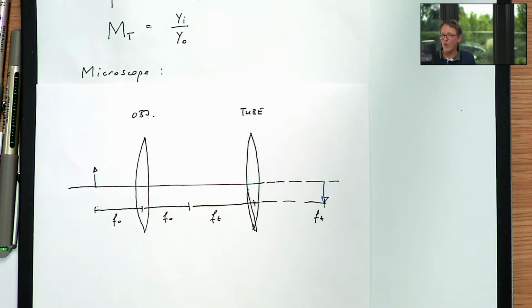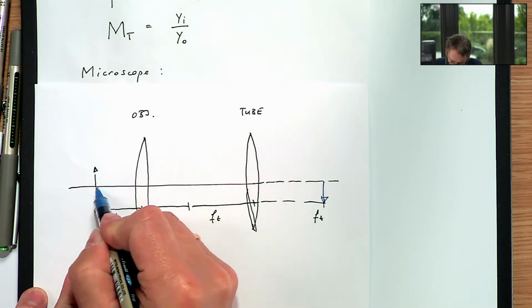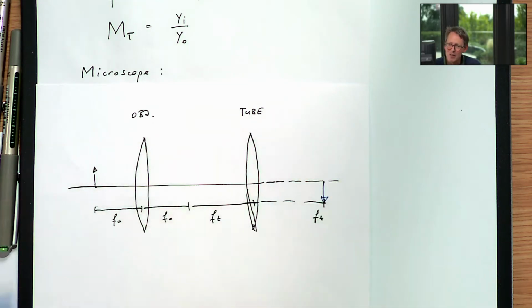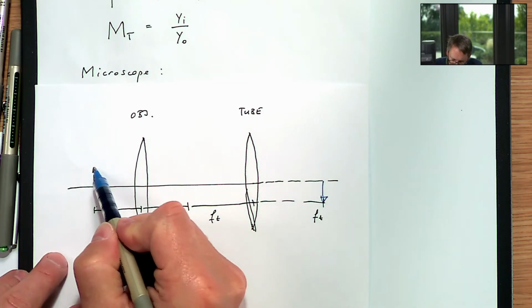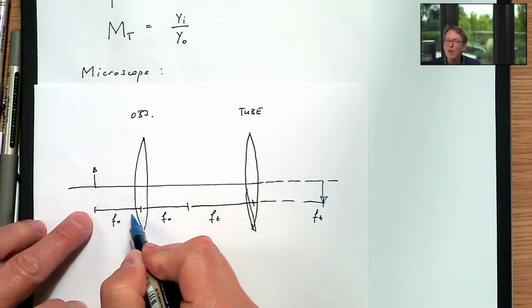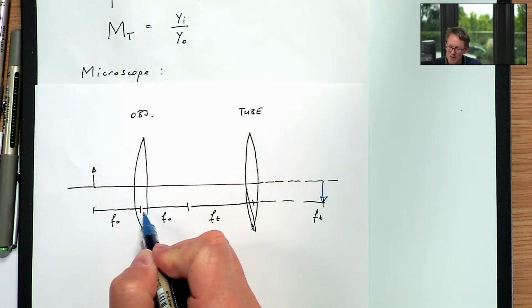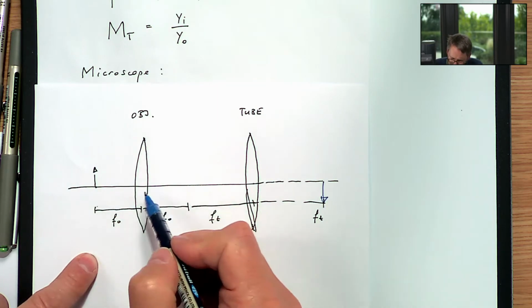And so what we want is the best possible resolution, the best possible contrast of the image that we get with a given system. Now, one thing that you do in the modern microscope is you put the sample exactly one focal distance away from the objective. That's exactly where you place it. Now, what does that mean for the light?